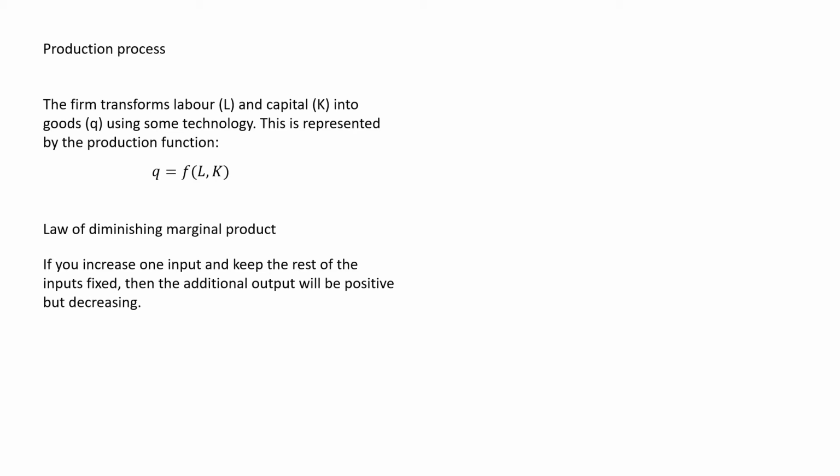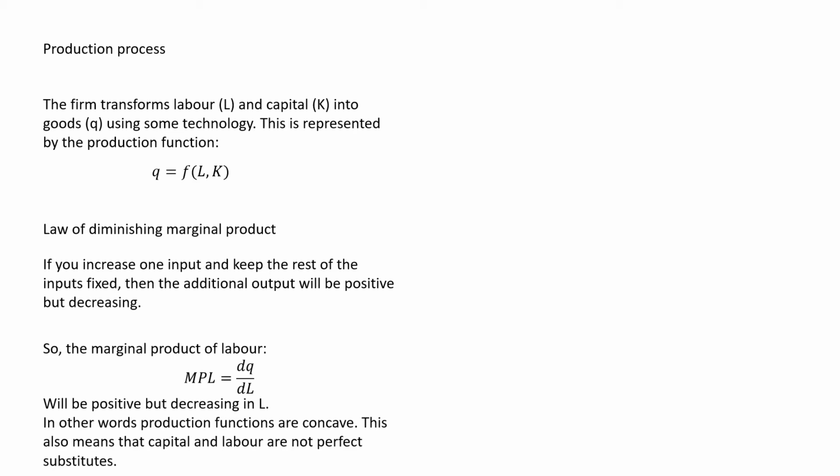That is, if you fix, for example, capital, and you start to hire more and more workers, then your production will increase. But as you increase the number of workers, this extra output is going to diminish and decrease.